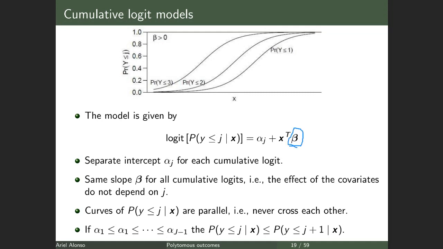But again, you don't need to assume the existence of anything. You can just write down this model and say, this is my model, period. The same way you don't need to assume the existence of a latent variable to say, I'm going to use the logit link, or the probit link, or the complementary log-log link. You can just define this is the link I'm going to use, and then you apply your generalized linear mixed model.